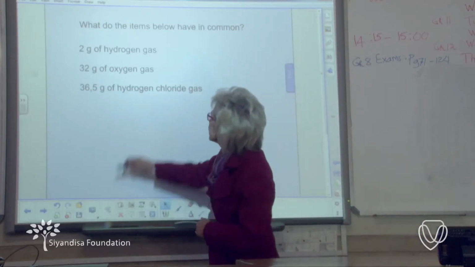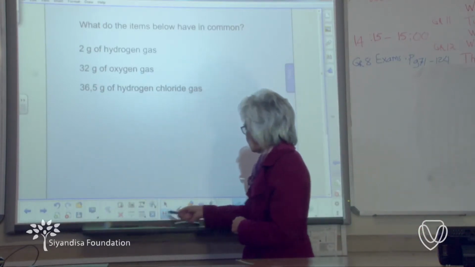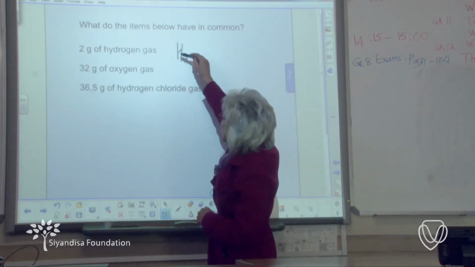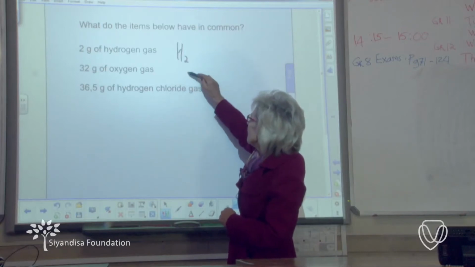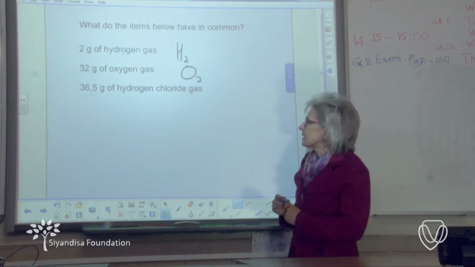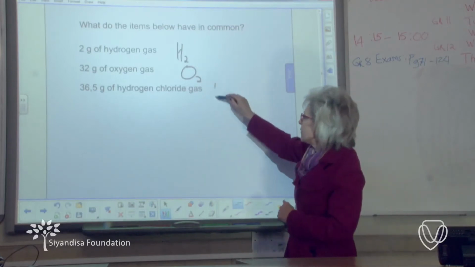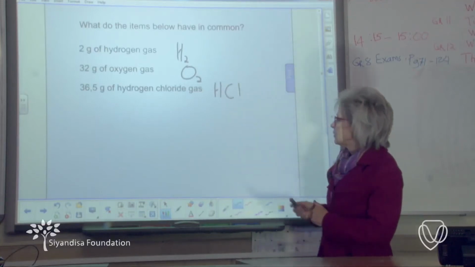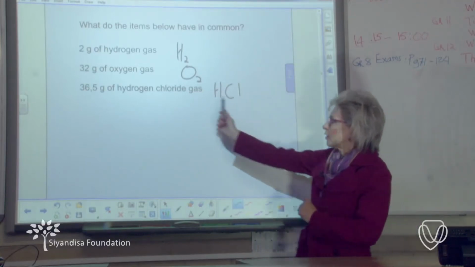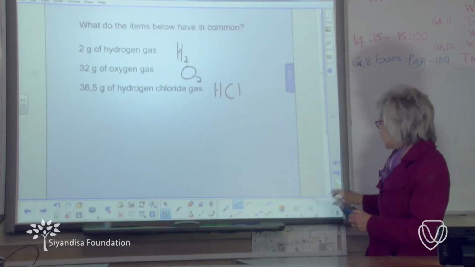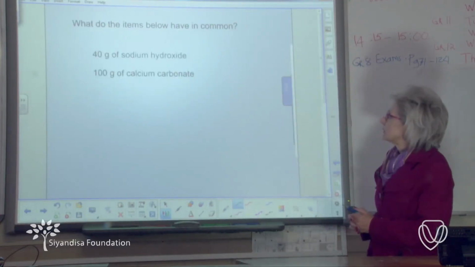So when we use the formula for the element, H2, therefore not just 1 gram, 2 grams; oxygen having a mass of 16, but being diatomic, 32 grams. And then for hydrogen chloride, the mass of hydrogen being 1, the mass of chlorine being 35,5, therefore a mass of 36,5, all of those still representing 1 mole.